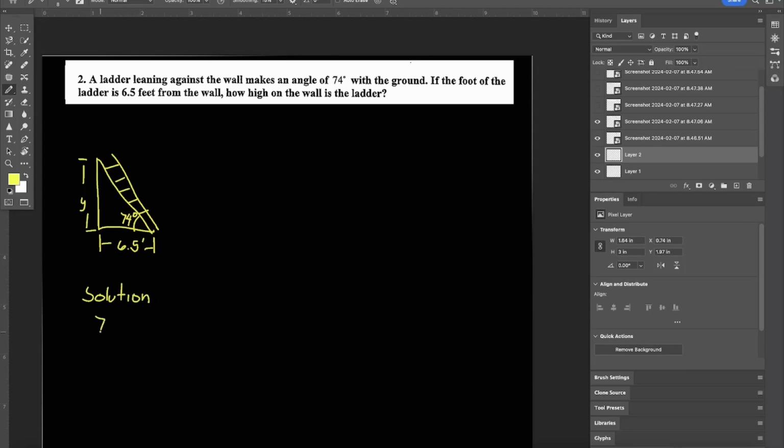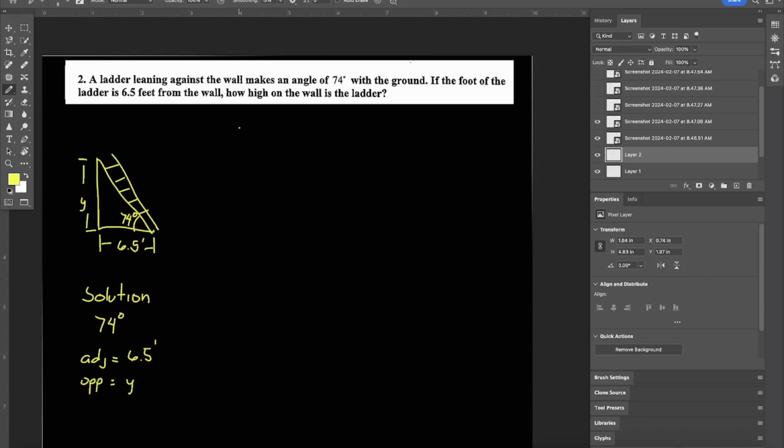So we do know that the angle in consideration is 74 degrees. Our adjacent side is also given as 6.5 feet. And we're being asked for the opposite side, which we do not know. We can label that as y.